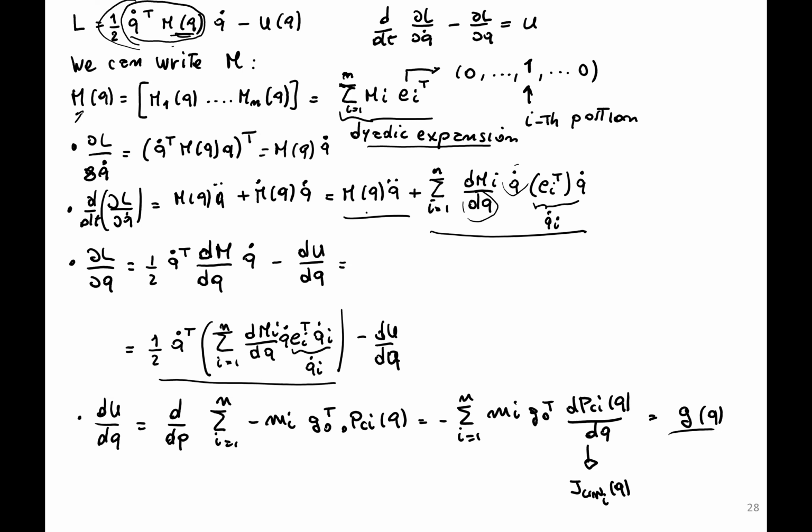So we have M(q) q double dot, sorry, plus the two dyadic expansions, that is dM_i/dq minus 1/2 dM_i/dq.